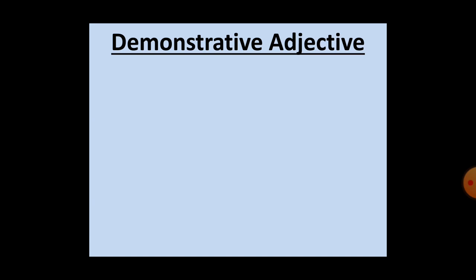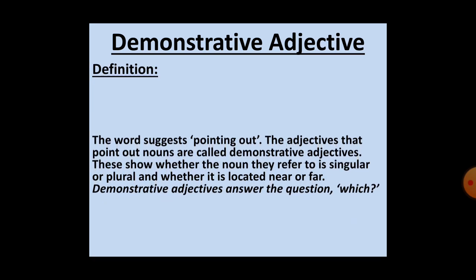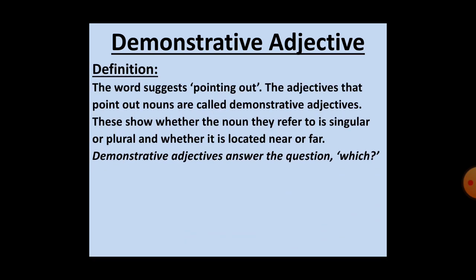Here comes demonstrative adjectives. So a demonstrative adjective shows what? Demonstration. It shows indication of something, it points out something. For example, this, that, these, those, these are all demonstrative adjectives. They can be used for singular and for plural.